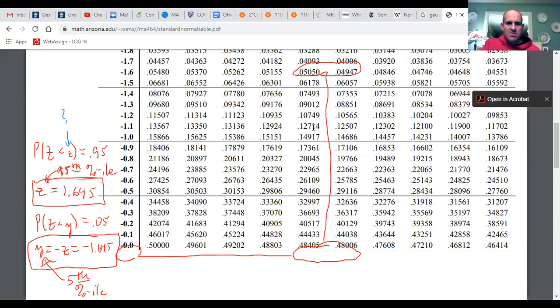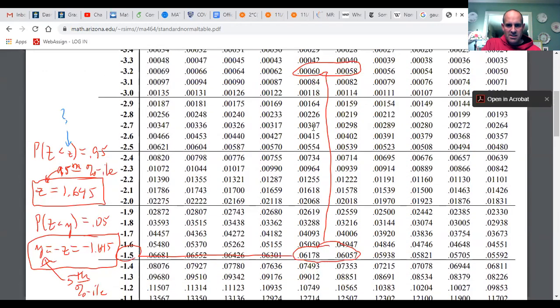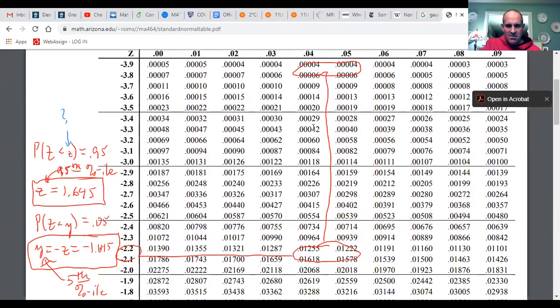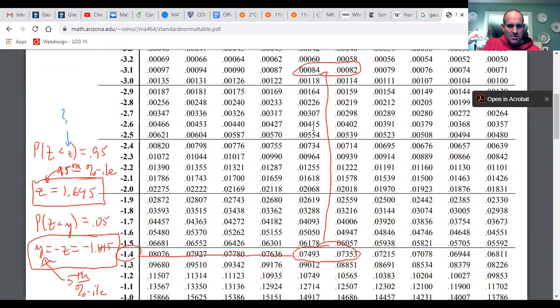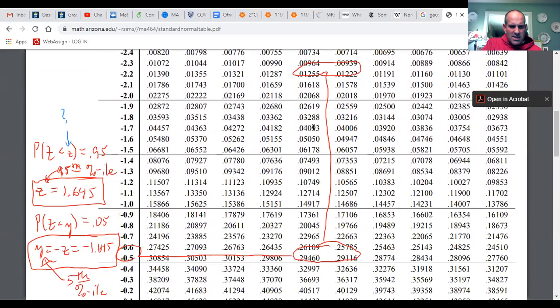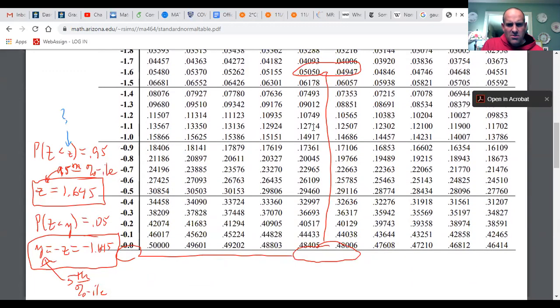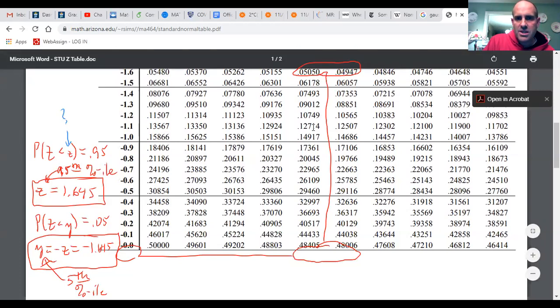I'm betting it's negative 1.645. Is it? Let's see. Yeah, negative 1.645. That's exactly what it is. You can see that number is pretty much right on 0.05. That's good.